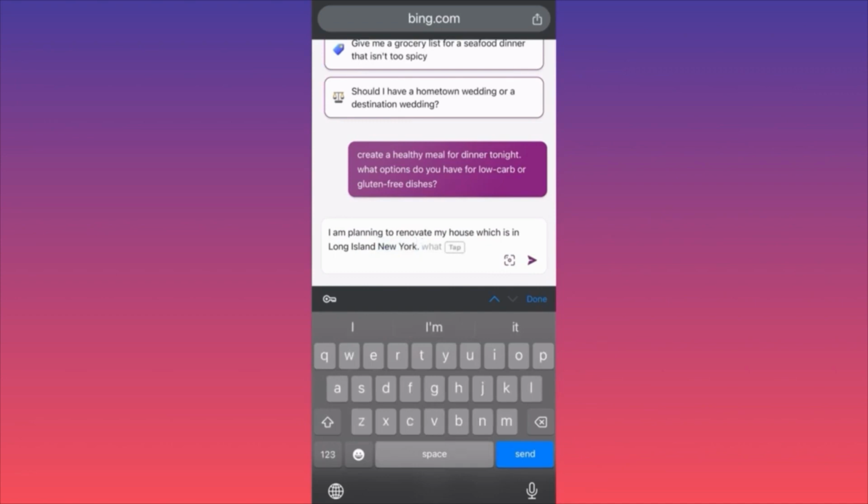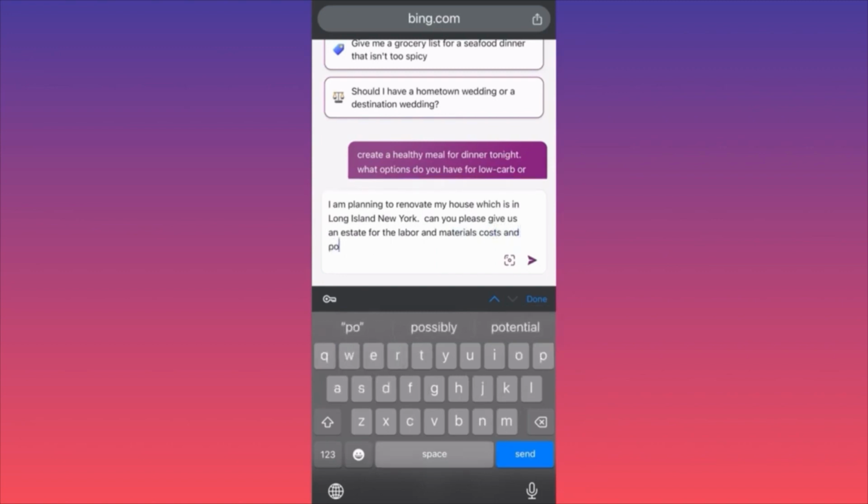Can you please give us an estimate for the labor and materials costs, and I would say approximate duration or completion, approximate completion of the project.